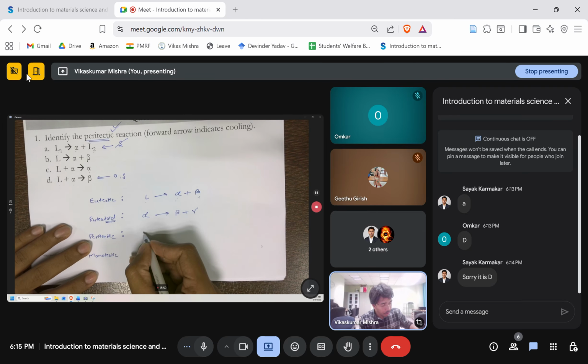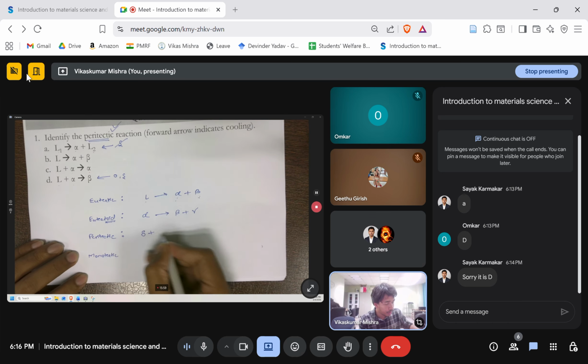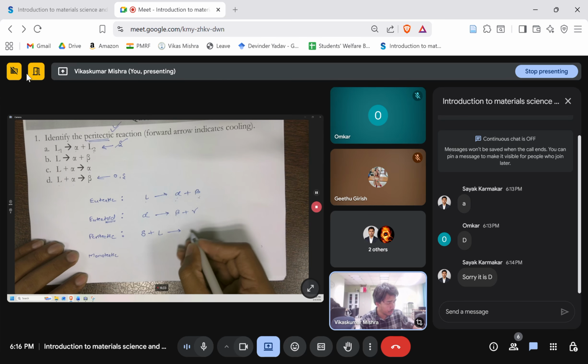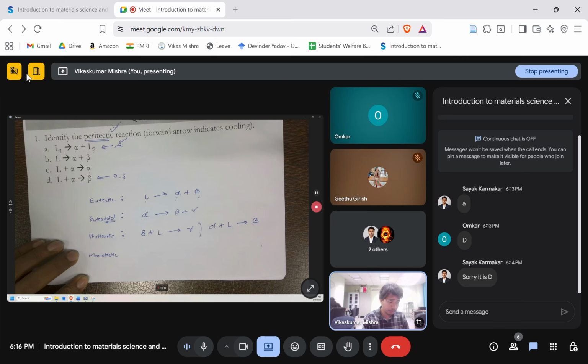So here, one solid, taking the Greek letters from the iron carbon diagram itself, delta is reacting with the liquid and giving rise to another solid, gamma. One can also write alpha is reacting with the liquid and giving rise to beta. There is no difference between them.